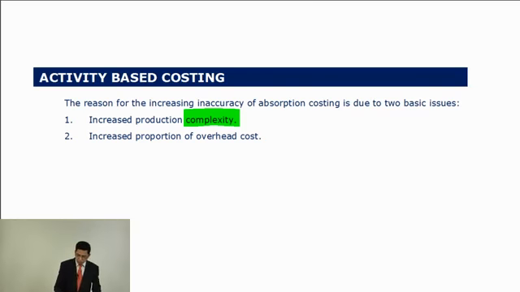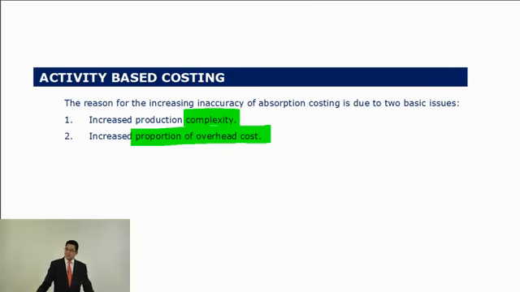The second reason was the increased proportion of overhead cost. Remember my word, guesswork. When we guess that there is some relationship between overhead cost and the labor or machine hours, we are assuming that because overheads are small, even if the guess is wrong, my calculation is not that much wrong.